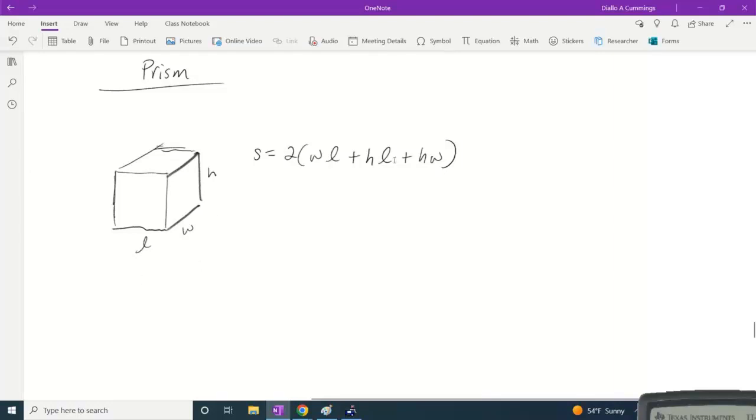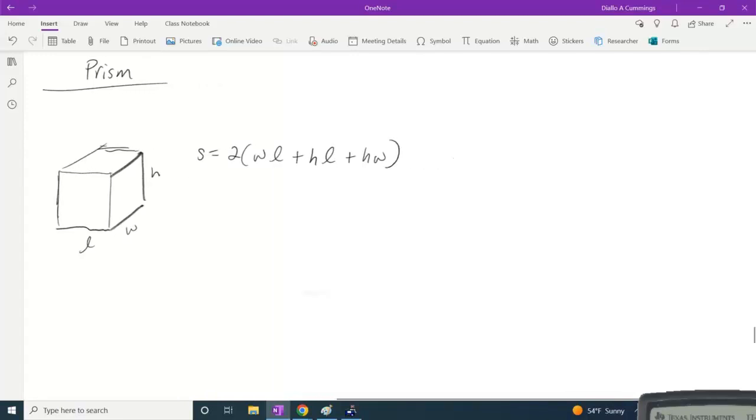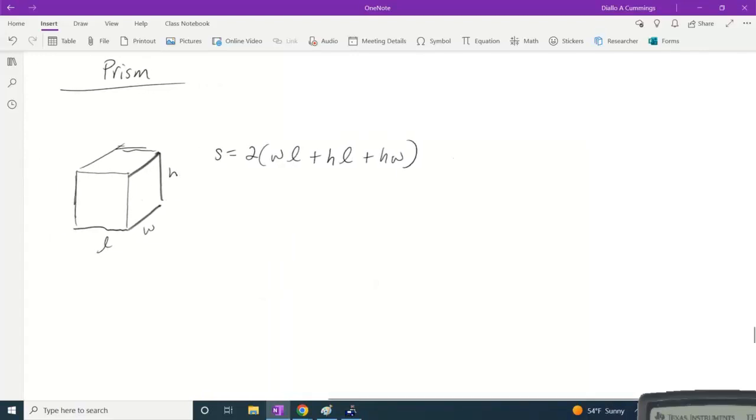So this formula gives you the area for all sides. The lateral area only gives you the area of everything minus the base. Okay, the base is what that solid is resting on. So this is the surface area for a prism.